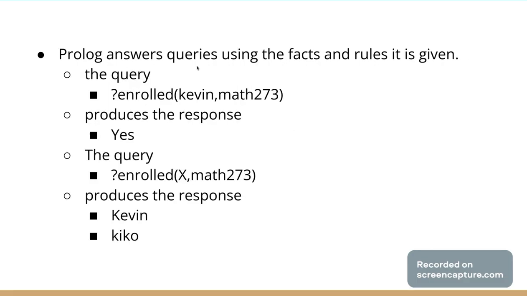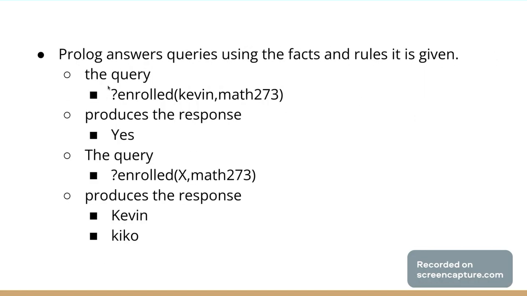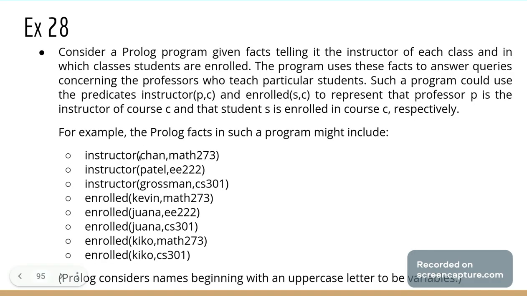Now, Prolog answers queries using the facts and the rules it is given. This is a Prolog rule and these are the Prolog facts. So let's see whether we can answer queries. The query is ?enrolled(Kevin, math 273). This is a direct question and we just have to look whether the fact is there.